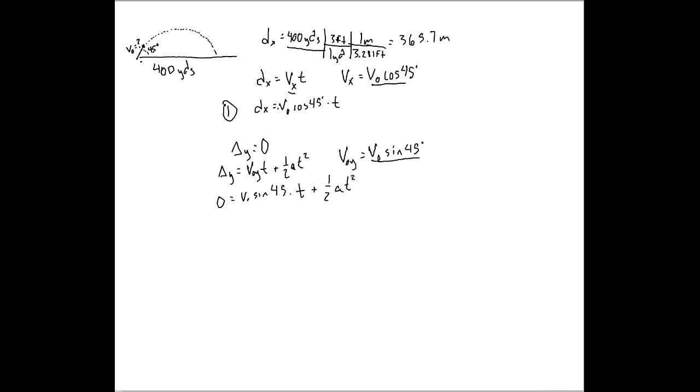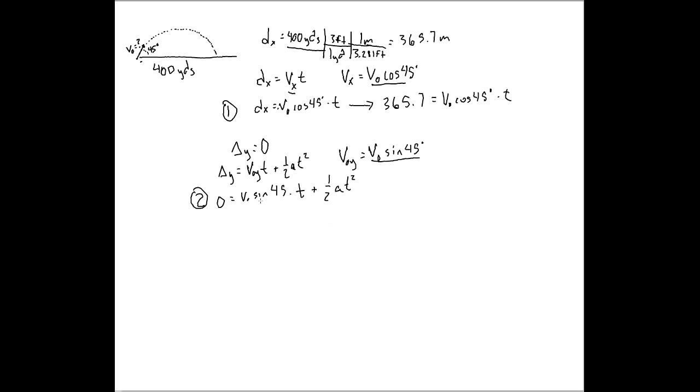Now, I'm going to call this equation 2, because if you look at these two equations, I have two unknowns. This equation turns into: I know dx is 365.7, and that equals V naught cosine of 45 degrees times time.